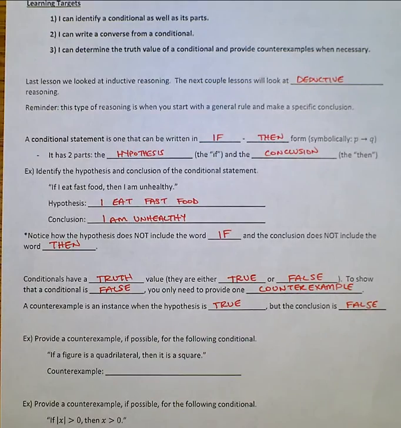For example, you might say, I eat fast food, but it's usually a reward for working out all week, or working out 4 times this week. So eating fast food does not lead to the conclusion that I am unhealthy.